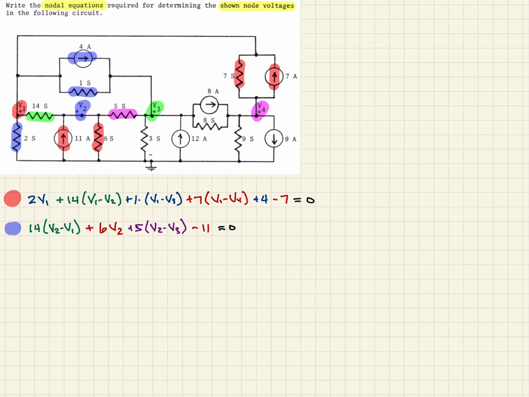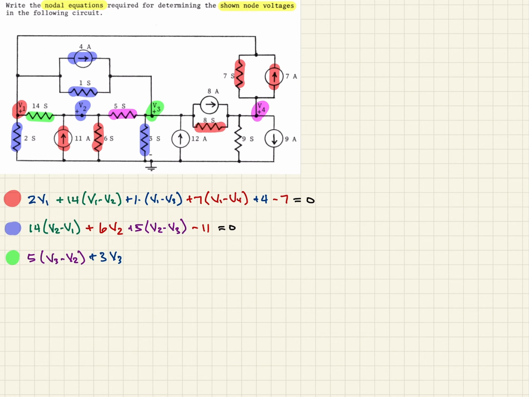So next, moving on to V3, which we've designated as green. First thing we see is the purple resistor, and so that'll be 5 times V3 minus V2. Next, we see this guy, the 3, and so that one will be plus 3 times V3 because it just goes to ground. We look for the next one.